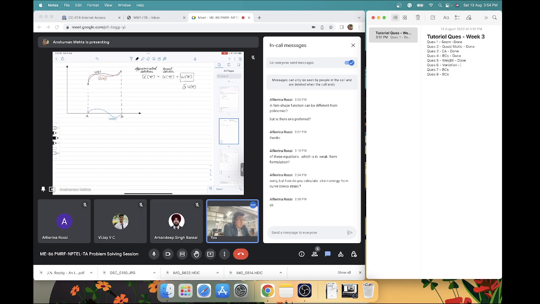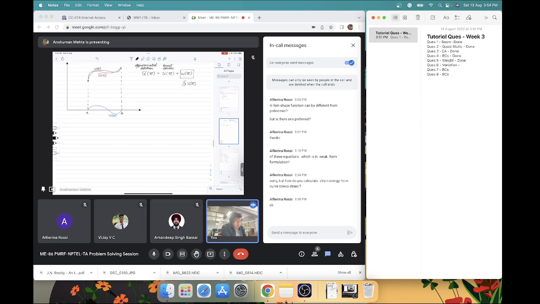So how can we define this del? Del is an operator which is not equal to d/dx. So del of u is not equal to d of u. I think this is clear to you, right?